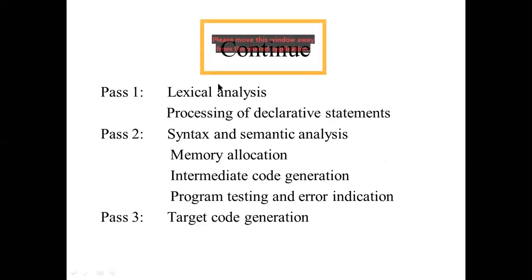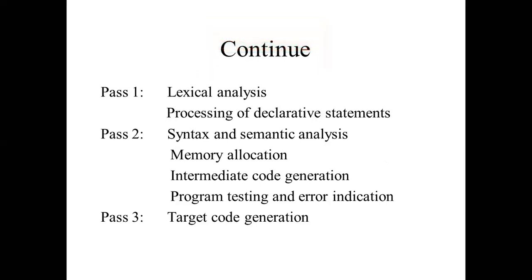So in pass 1: lexical analysis and processing of declarative statements. Then in pass 2: syntax and semantic analysis, memory allocation, intermediate code generation, program testing and error indication, and pass 3 is for target code generation only.